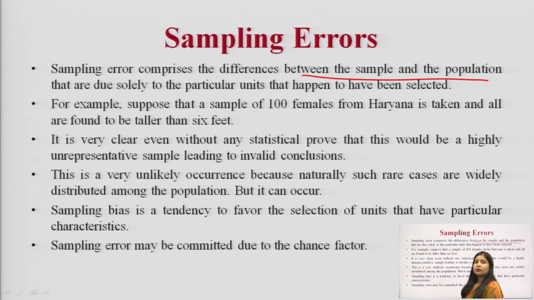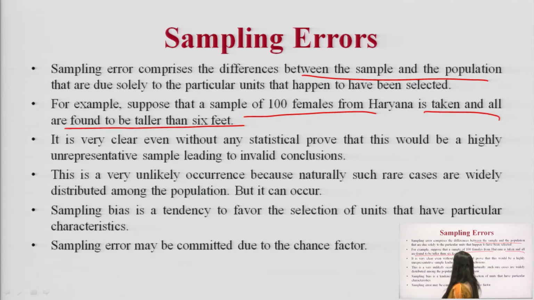For example, suppose you are conducting a study on a clothing brand and you collect data from 100 females, taking all the forms from those who are taller than 6 feet. In India, a female height of 6 feet is very uncommon.